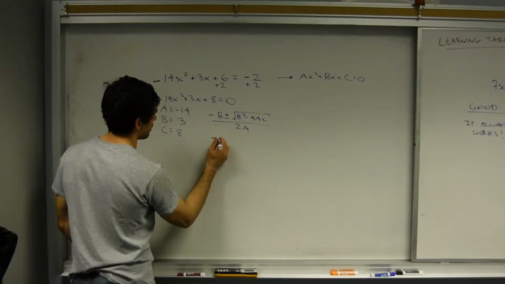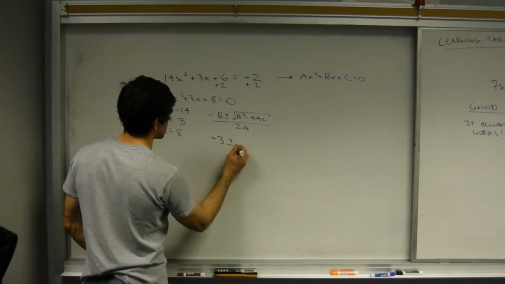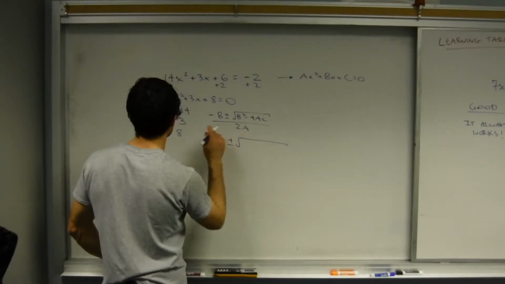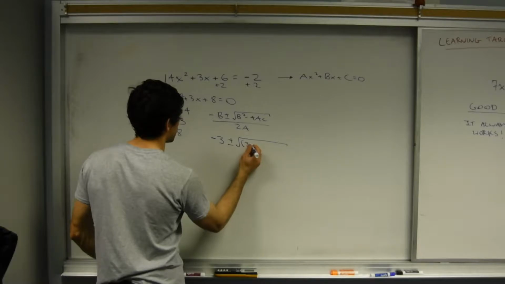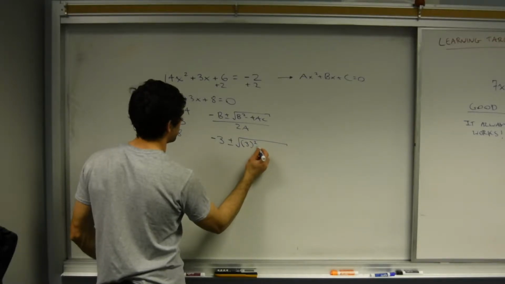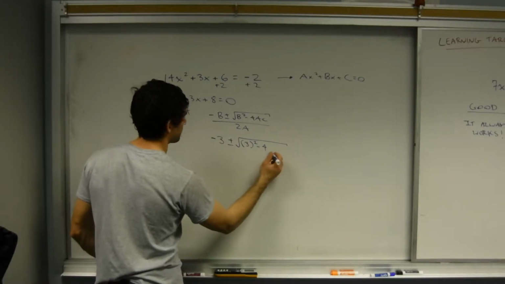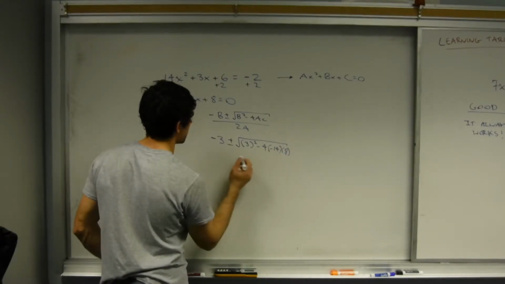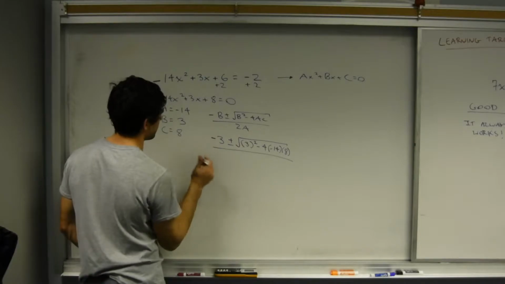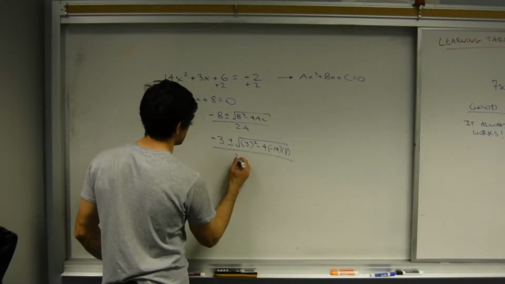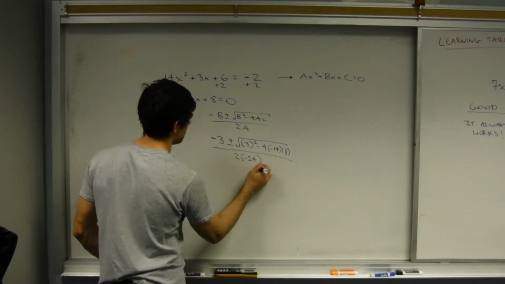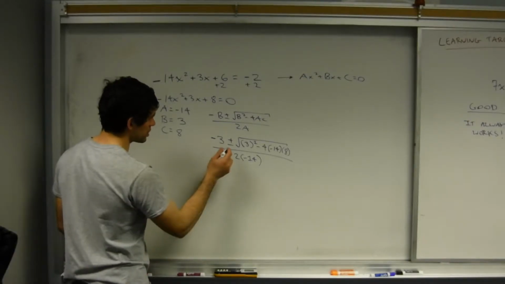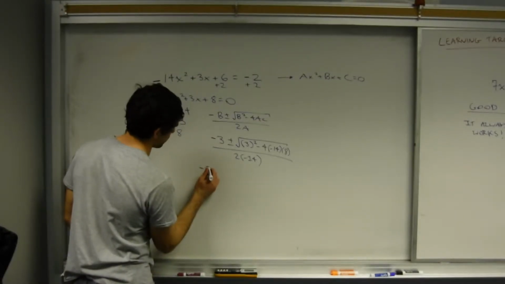So we get negative 3 plus or minus the square root of 3 squared minus 4 times negative 14 times 8, all divided by 2 times negative 14.